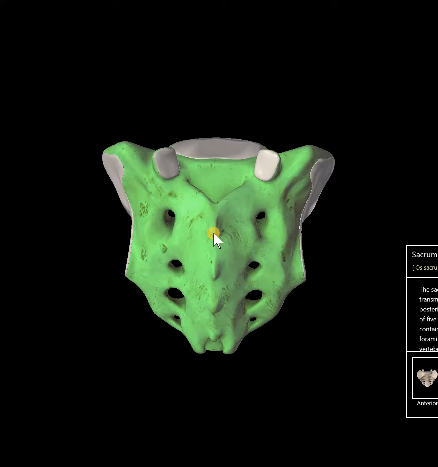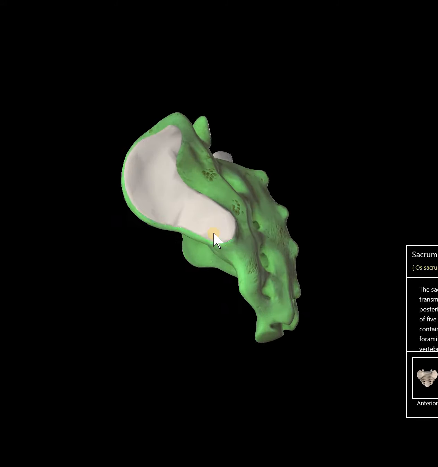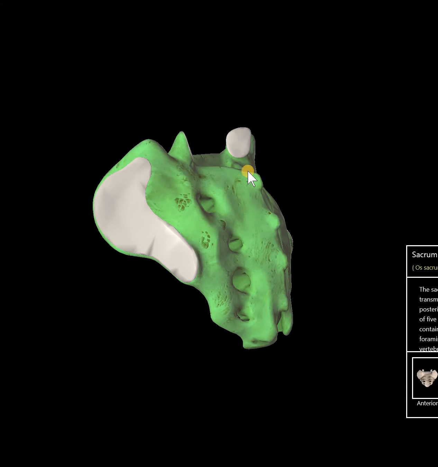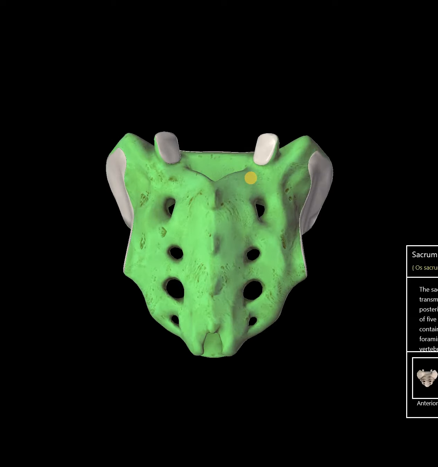Then as we start reaching skeletal maturity, the sacrum fuses. Okay, it fuses, so you're going to see the remnants of the spinous process there on the sacrum. That's the medial sacral crest. Right there in the middle, the medial sacral crest.